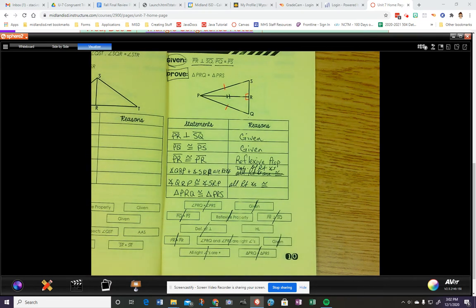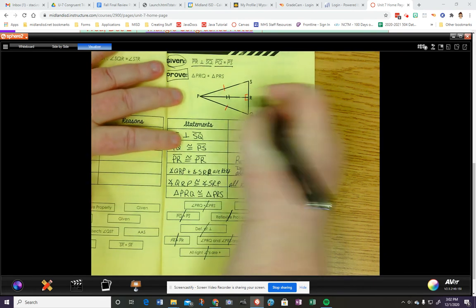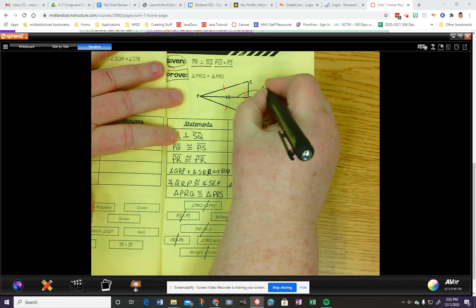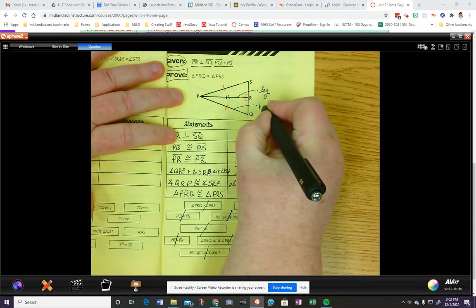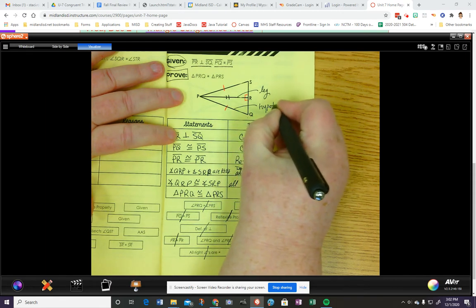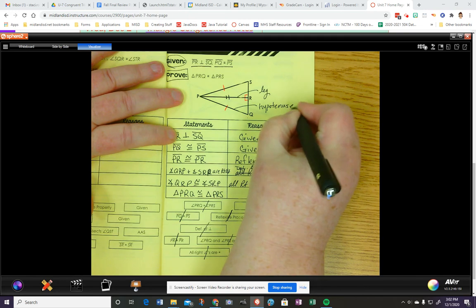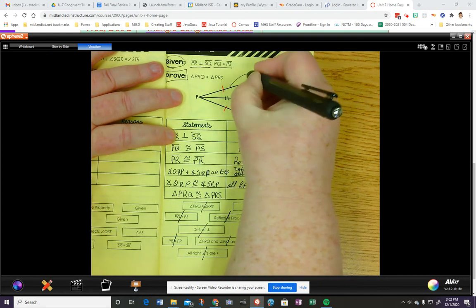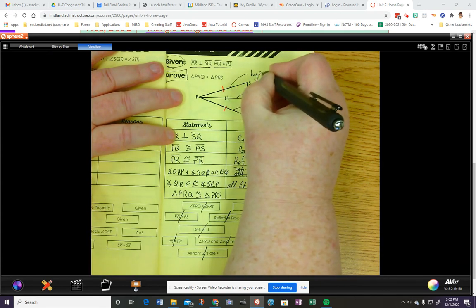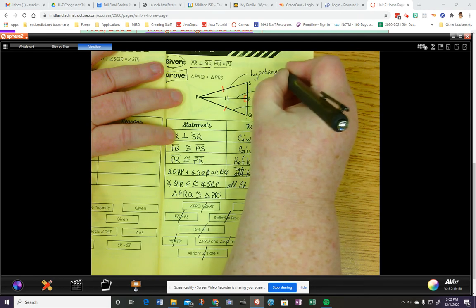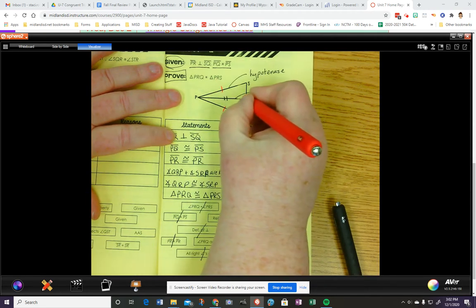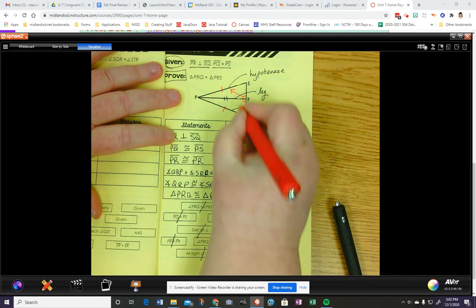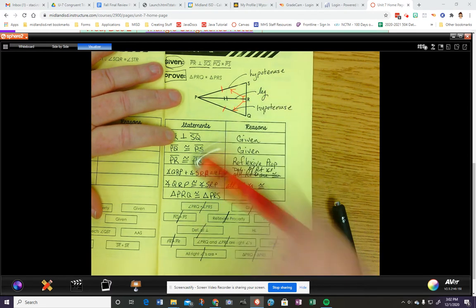Okay, so now we have a leg. This is a leg. This is the hypotenuse. This is a hypotenuse. How do I know it's a hypotenuse? It's directly across from the right angle.